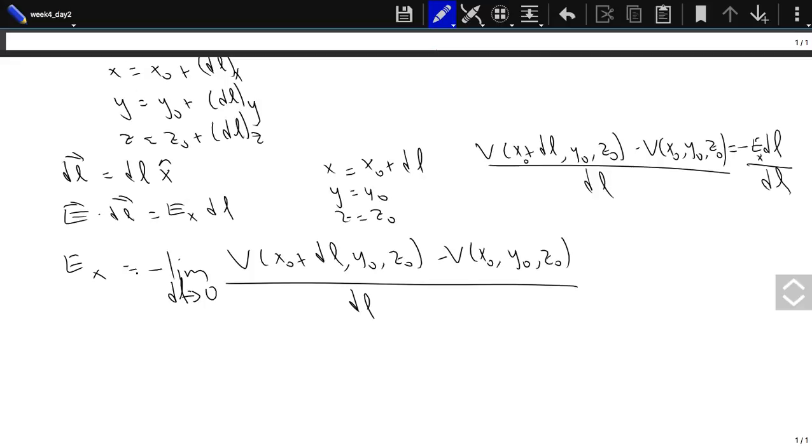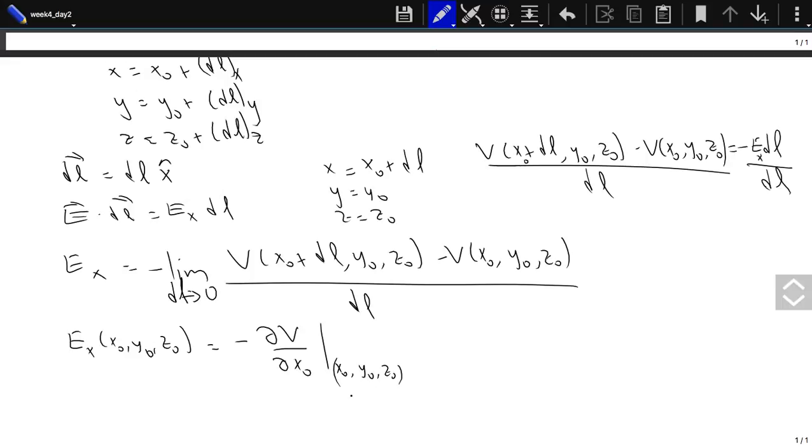It's just a partial derivative with respect to x0 or x. So the electric field at the point x0, y0, z0 is equal to minus the derivative of the potential with respect to x0, evaluated at x0, y0, z0.